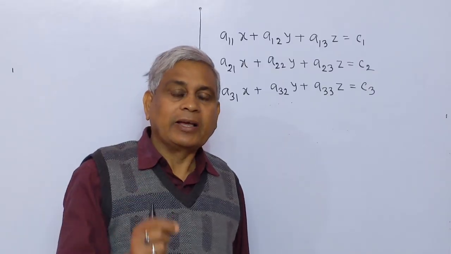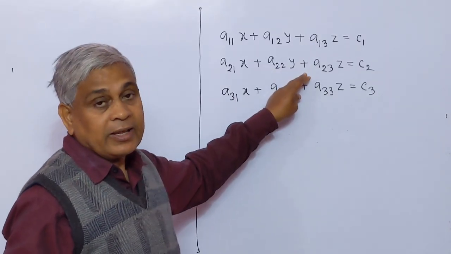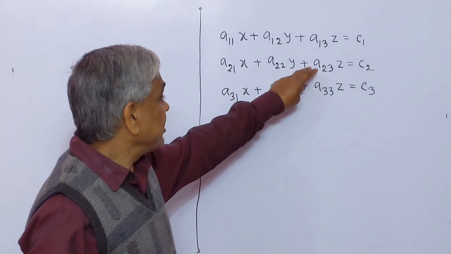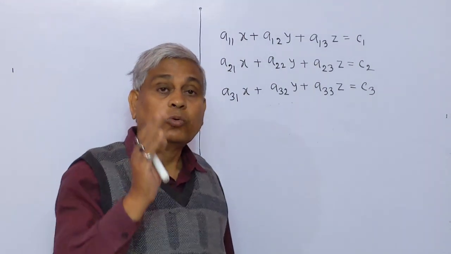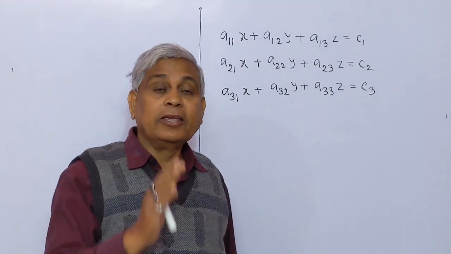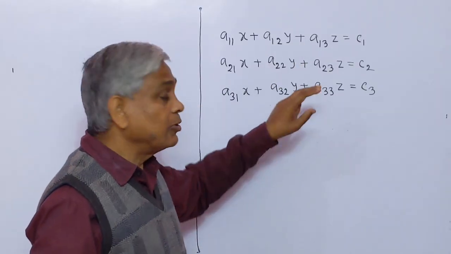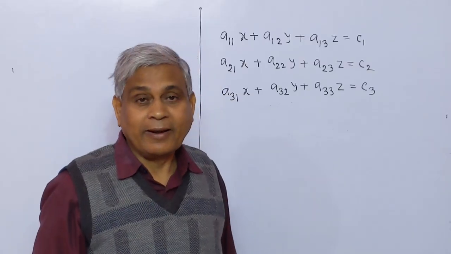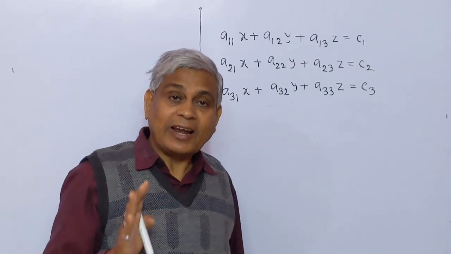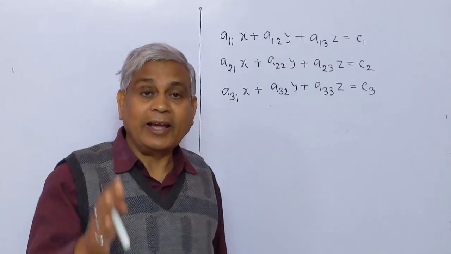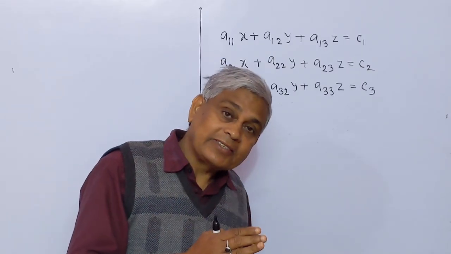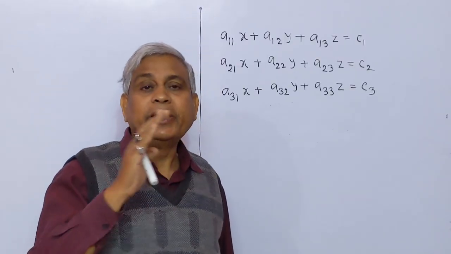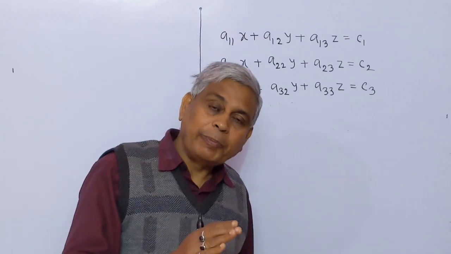Similarly, if we work with the second and third equations together, we get another straight line. If we take the first and third equations together, we get another straight line. Means we get three straight lines. These three straight lines may intersect at a single point or may not intersect, may be parallel or may not be parallel.